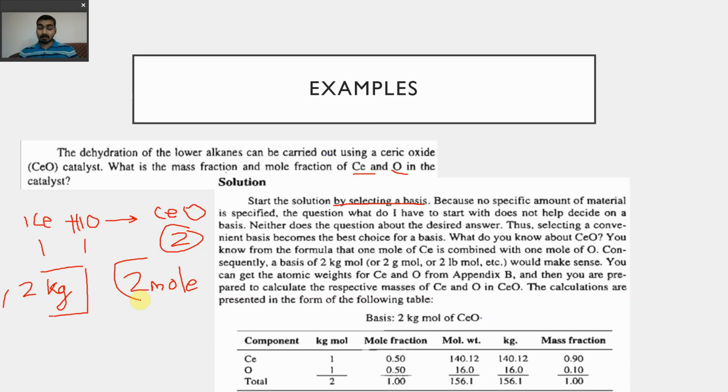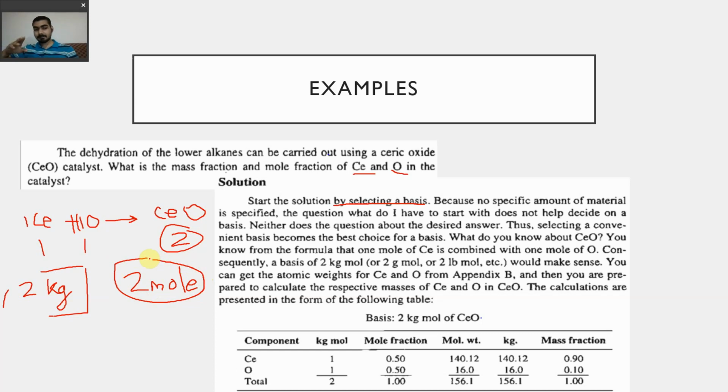Alright, so now we have two bases. Now what you should do, you have to choose one basis. So read the question again. What is the mass fraction and mole fraction of cerium and oxide in the catalyst? So which thing is easier to find?